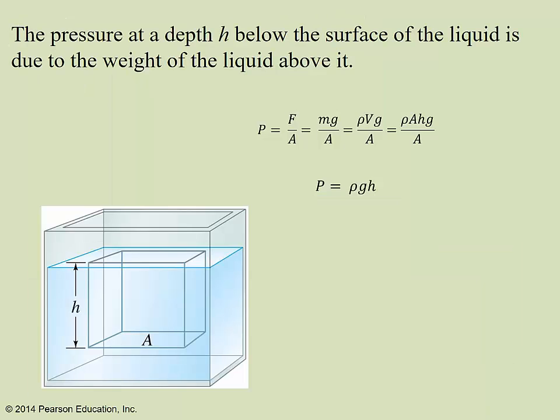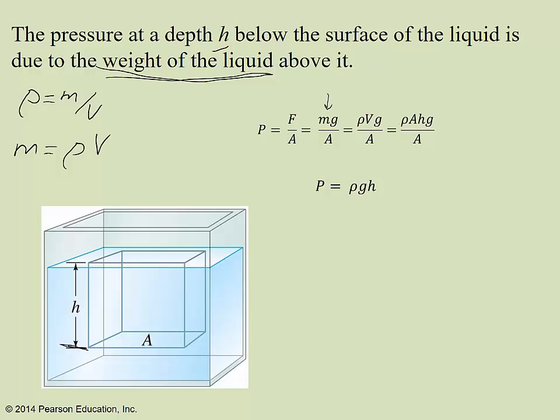Pressure at a depth h below the surface of the liquid is due to the weight of the liquid above it. So pressure is force per area, and force is due to the weight of the object, so we can change force to being mg. But then remember that density is mass per volume, so mass is density times volume.